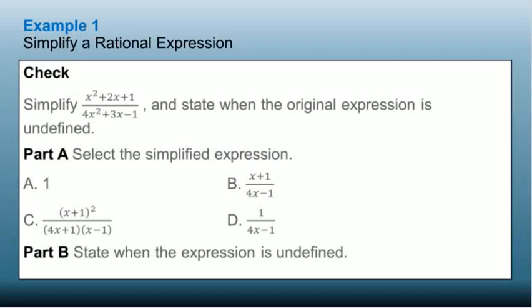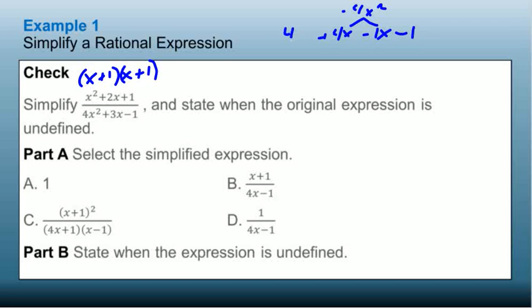Another one from example 1. Simplify this one. This top one is x plus 1 times x plus 1. In the bottom, I had to do the AC method, so this is 4x squared, and I have a 4x and a -1x, minus 1.